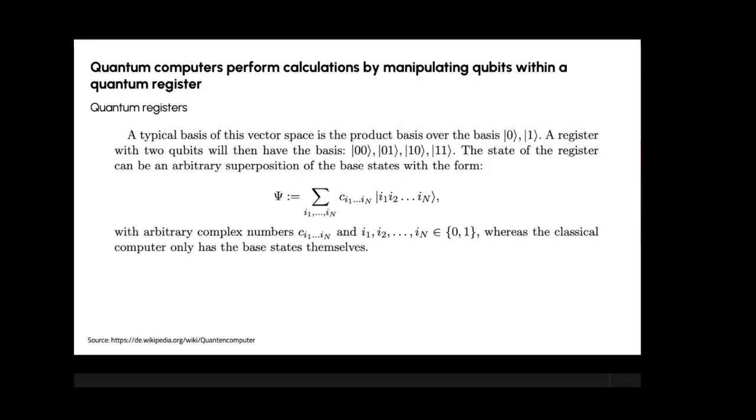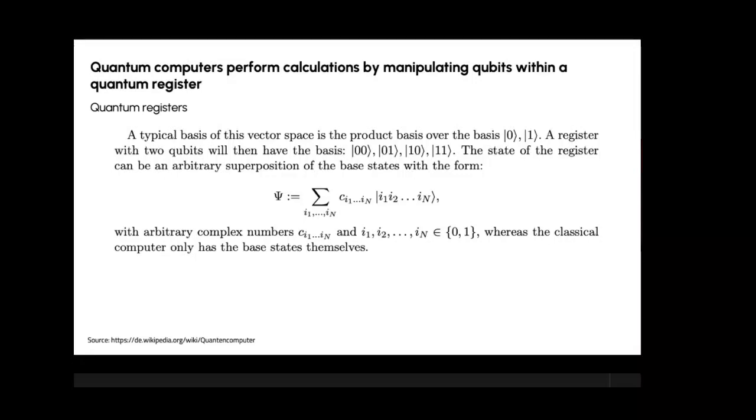So you have a sum of 4: C1 multiplied by 00 plus C2 multiplied by 01 plus C3 multiplied by 10 plus C4 multiplied by 11. And this together describes the register state, not anymore the qubit state.